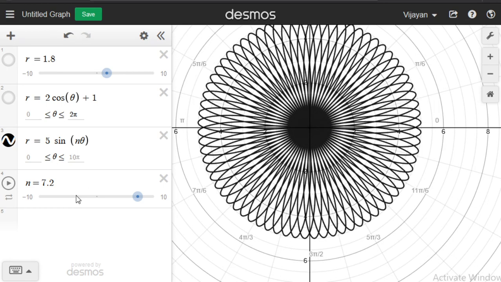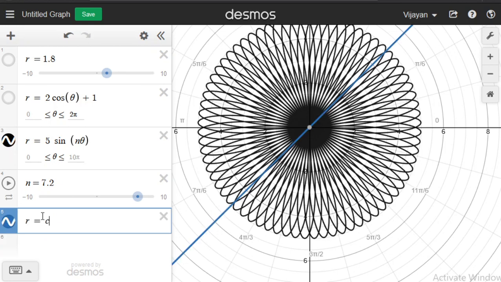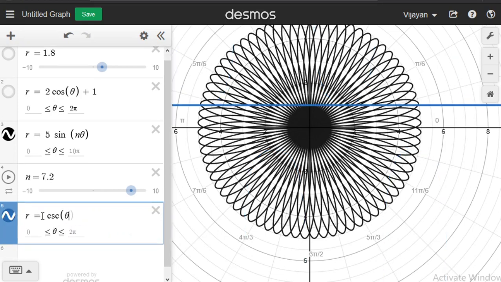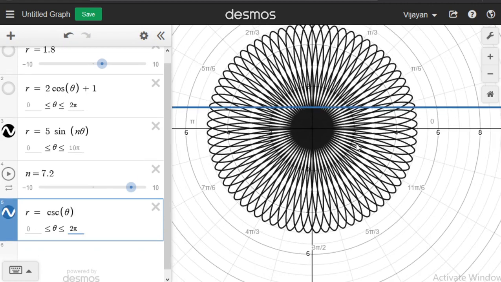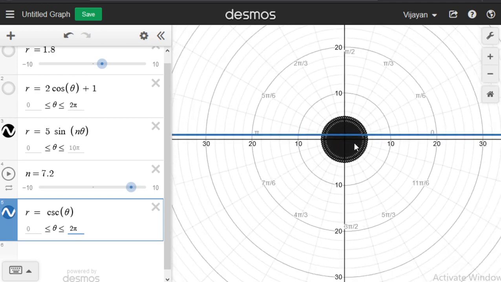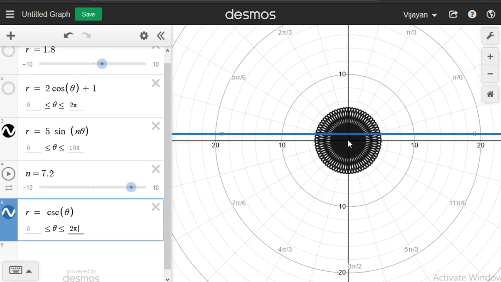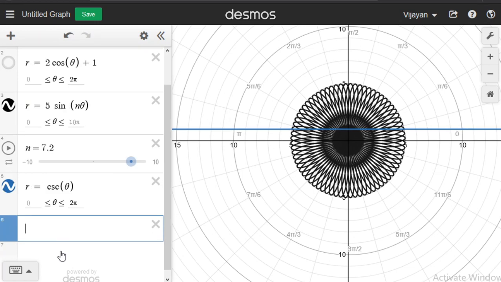Now suppose I write r is equal to cosecant of theta, from 0 to 2 pi. So in polar coordinates that is getting plotted. However, we don't generally use such functions in mathematics for class 11 and 12.